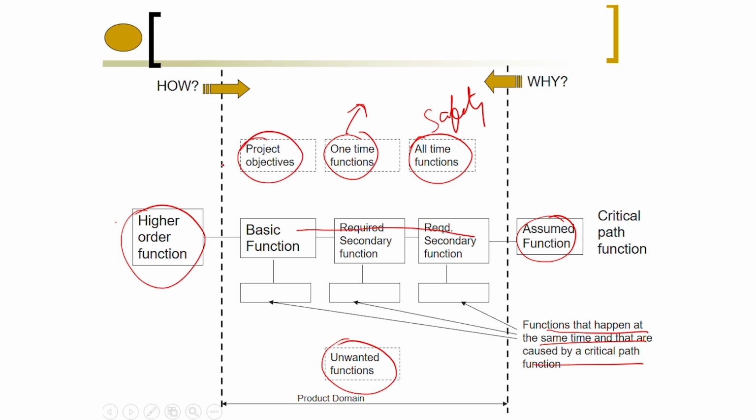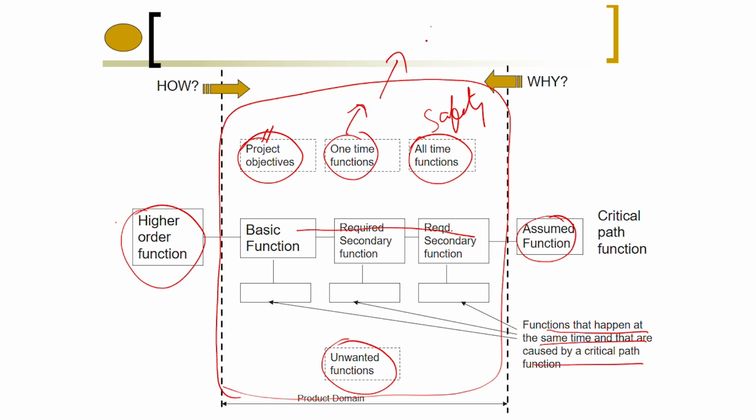And there will be an all-time function, which is the safety, and there may be some other functions like one-time functions. These one-time functions may be like you need to have proper packaging in order to withstand the transport problems, or when it is getting transported, it should not get damaged. So these are basically one-time functions.